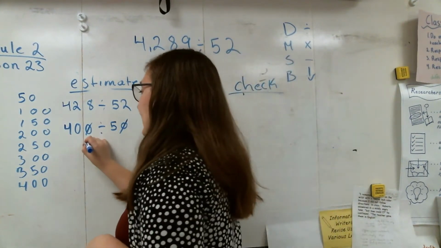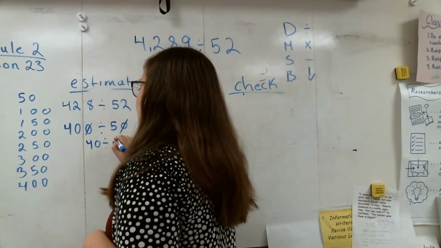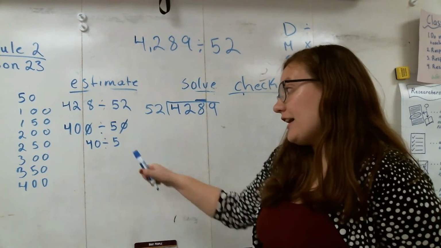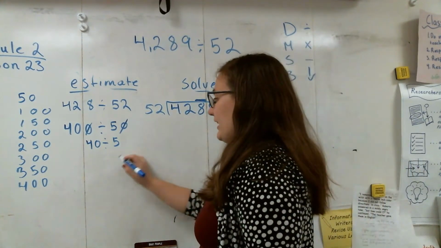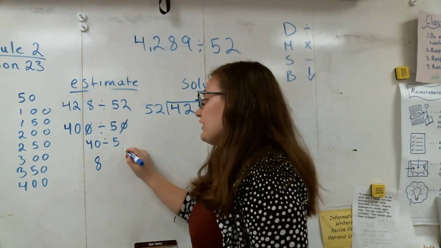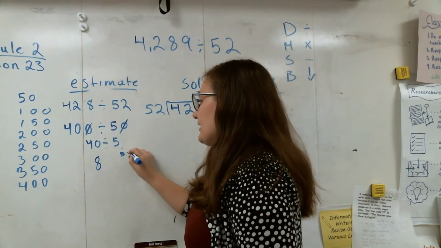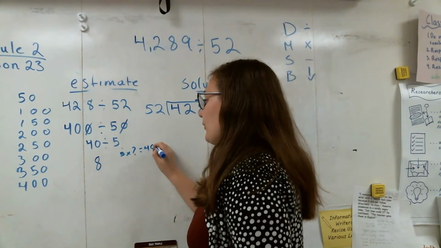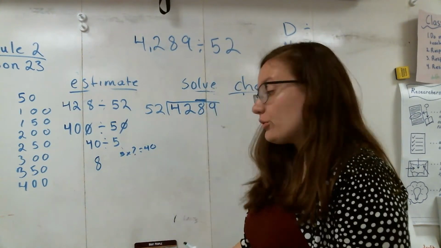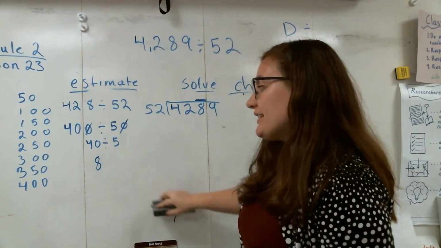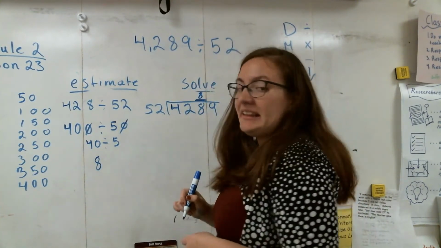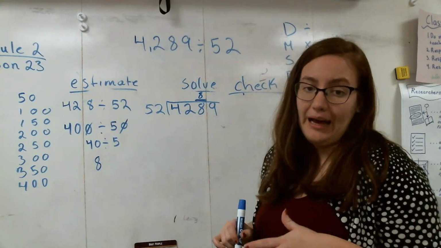And then I'm going to rewrite this problem as 40 divided by 5, because that is what's left over. 40 divided by 5 would give me 8, and if you can't remember what 40 divided by 5 is, you can also think of this as 5 times what equals 40, and 5 times 8 gives you 40. So that's another trick that you can use. Since I have this 8 right here, that tells me that maybe I could put an 8 up here, and that would be a good starting point for my problem.